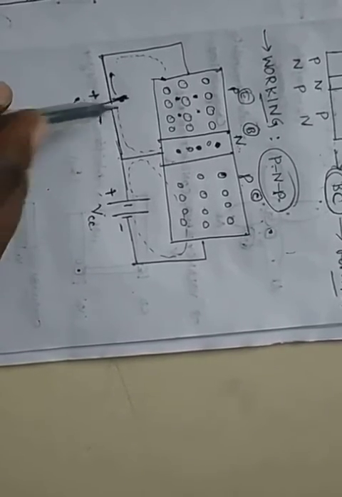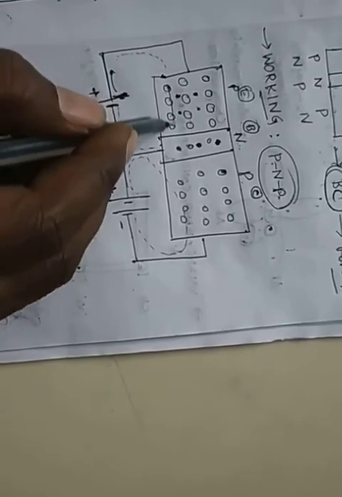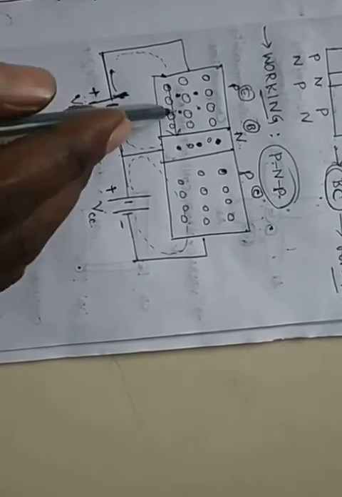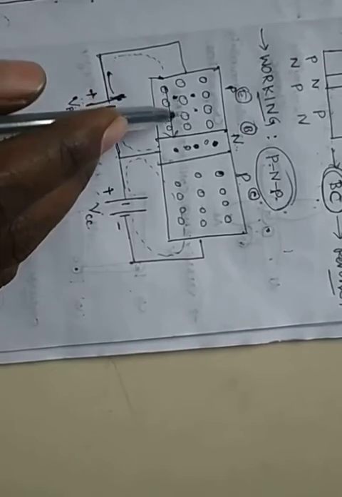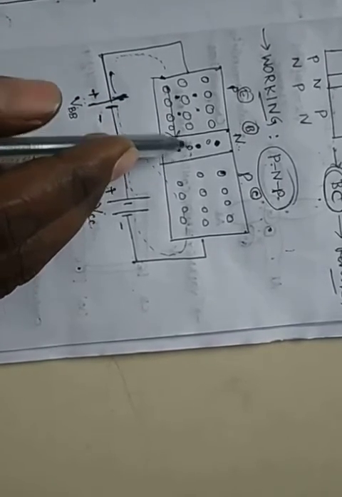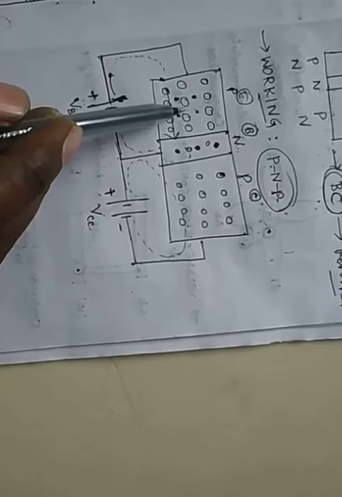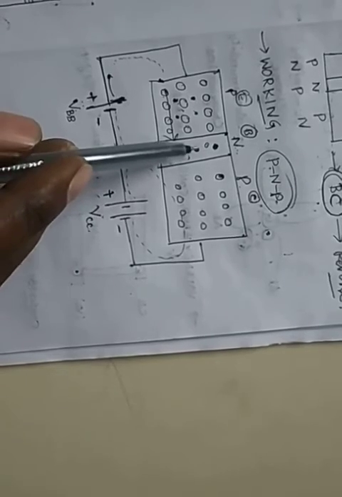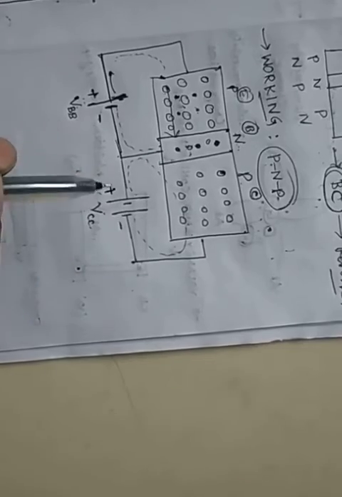Due to the positive terminal of the battery, the positive charges, nothing but holes, are repelled in this direction. Due to this repulsion, a large number of holes enter into the base, and some of the holes interact with the electrons and neutralize, and the remaining enter into the collector.